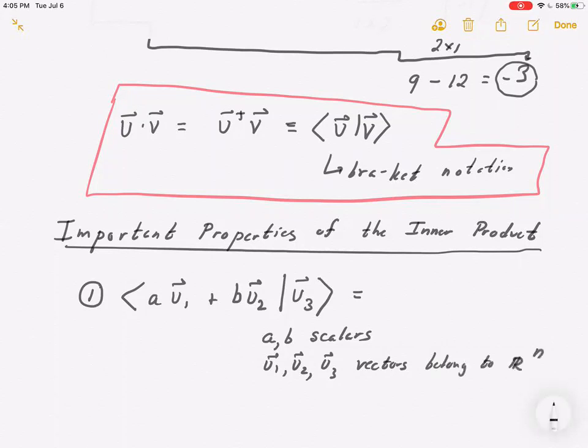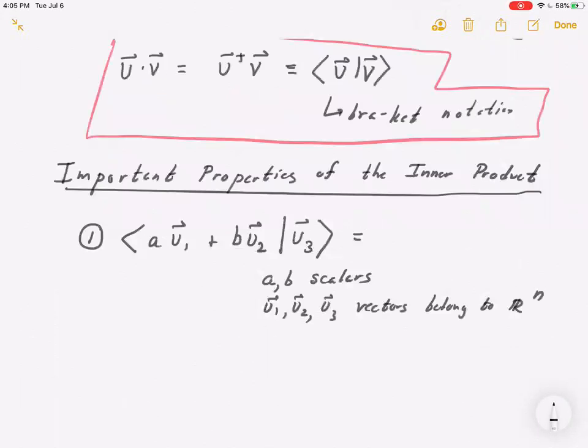So these vectors could have 1 component, 2 components, 30 components, 1,000,000 components. One important property of the inner product is that you can pull out A and multiply it by the inner product of u sub 1 with u sub 3, and add that to taking out the scalar B, and then multiplying that by the inner product of u sub 2 with u sub 3.